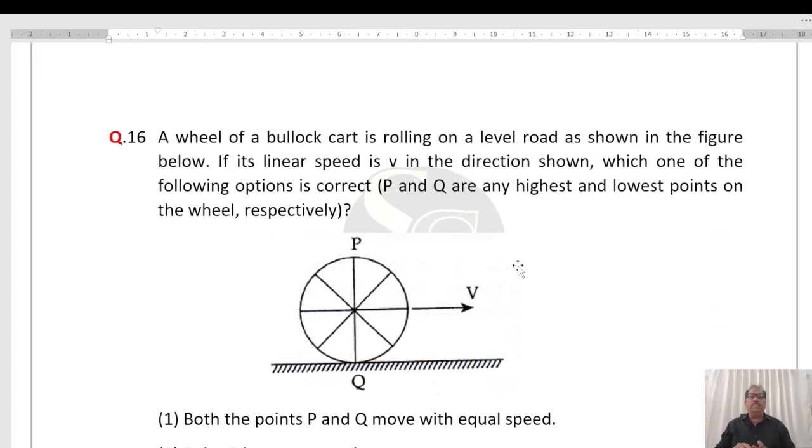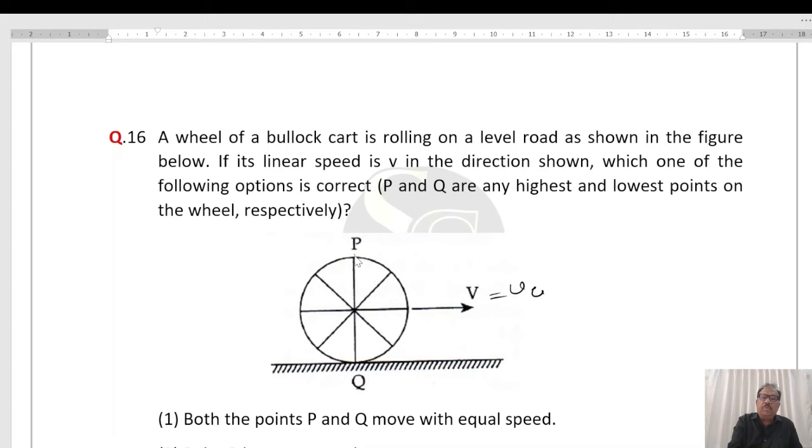A wheel of a bullock cart is rolling on a level road as shown in the figure. If its linear speed is v in the direction shown, which one of the following options is correct? P and Q are the highest and lowest points. We know this is the velocity of center of mass.